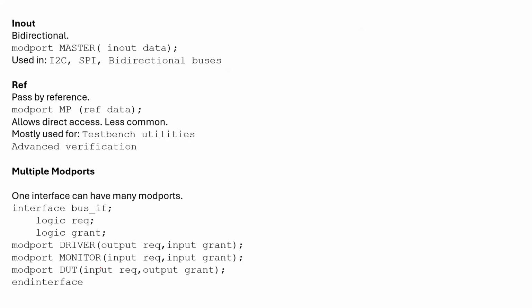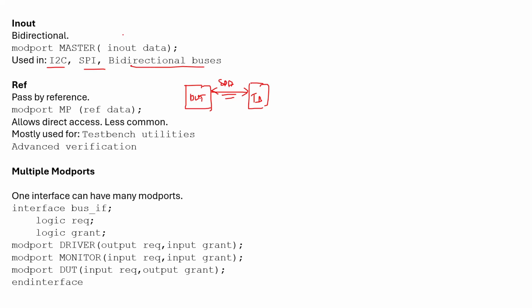Okay, so in your I2C, the SDA signal is there, right? This is the DUT and this is the TB. In this, the SDA signal is bidirectional. So I2C and SPI bidirectional buses are there.